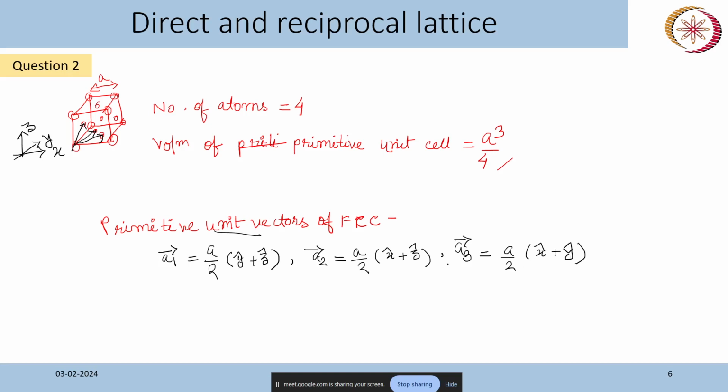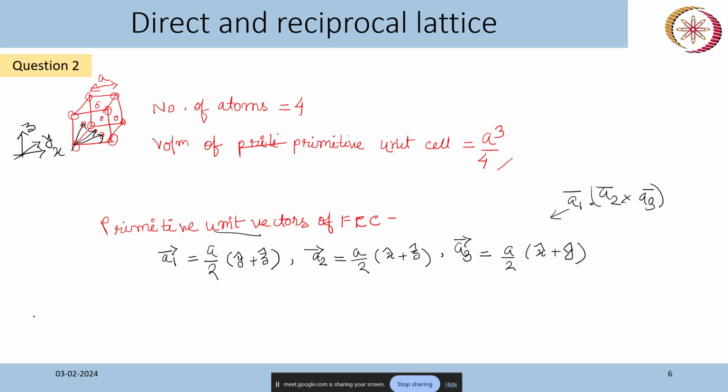So these are the primitive unit vectors, right? Now these primitive unit vectors will give us the volume of the primitive unit cell. When we have 3 unit vectors, the volume contained by them we get as A1 dot A2 cross A3. That will give the volume of the primitive unit cell.